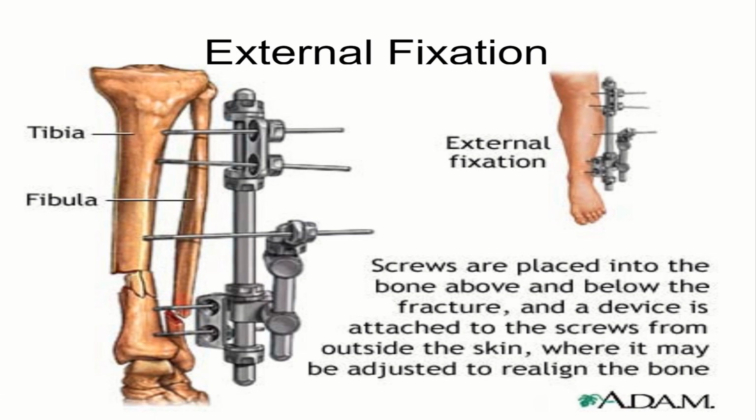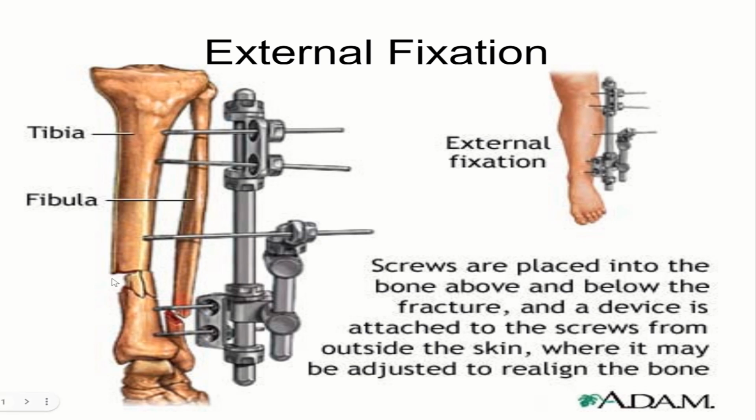Like if you've ever heard of setting a break, that's where you put the bones and lock them back into place so that they are aligned properly. But because there's a missing piece here of the tibia, there's nothing we can do. We can't set this break because there's no corresponding piece.